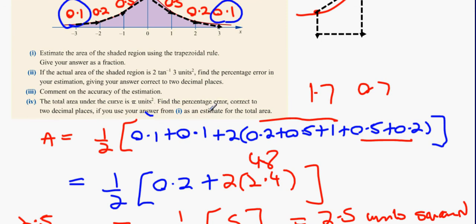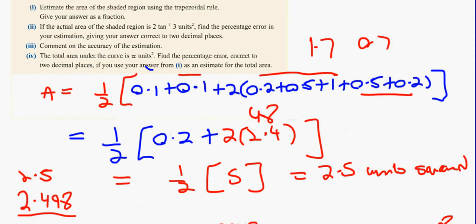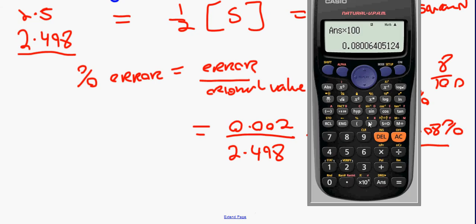Find the percentage error correct to 2 decimal places using your answer from part 1 as an estimate for total area. Well, the area is pi, which is this number here. So pi take away 2.5, and what this means is that the error is 0.64.